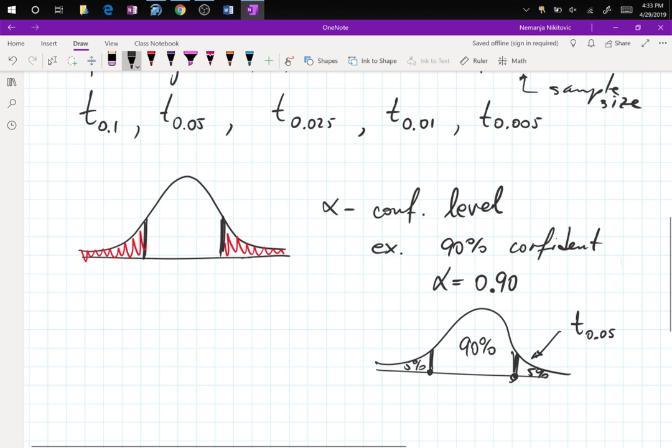So you have to go to the row that is DF 23, and to the column for 0.005. That is the last column, and my row for 23 is right here. So the last number is 2.807.